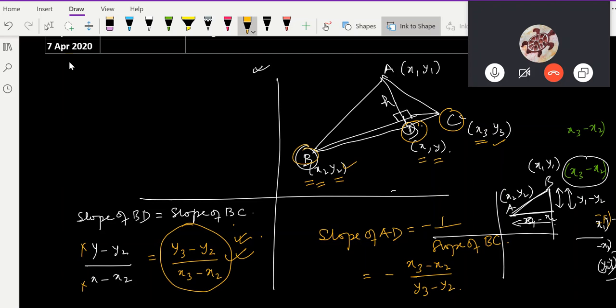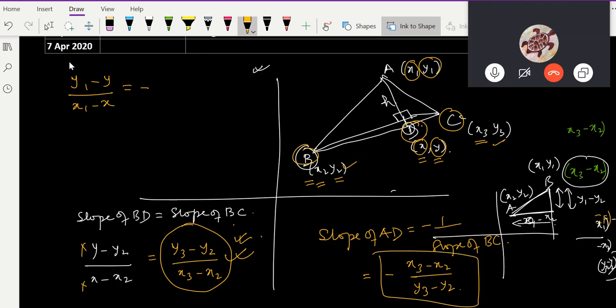So therefore slope of AD can be written as y1 minus y by x1 minus x. I'm taking the y coordinate of A and D and x coordinate of A and D, and this is equal to minus of this thing, y3 minus y2.